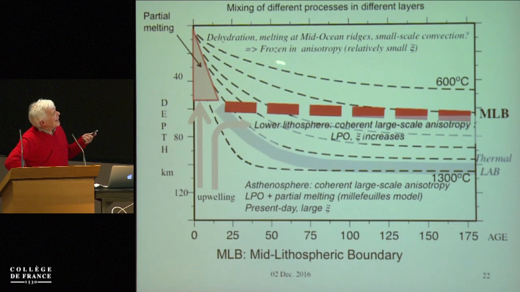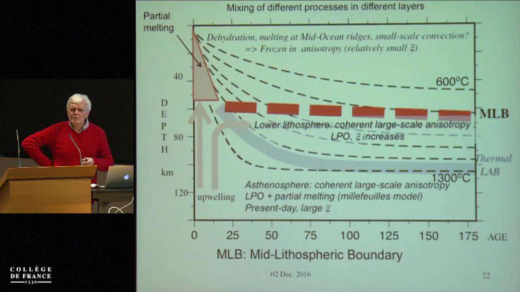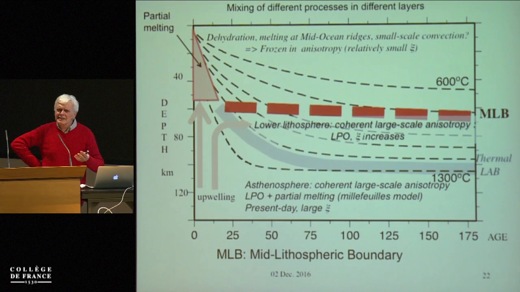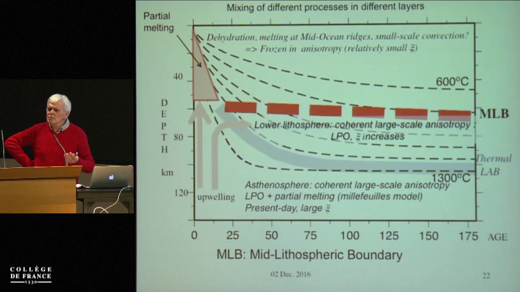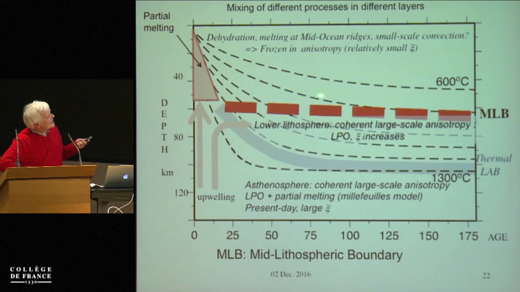To be honest, I don't know which one must be preferred, but in any way, it does not mean that we have no radial anisotropy, but only that it is smaller than below. And since we have access only to very large scale anisotropy, of course, we don't see a strong radial anisotropy in the upper 60-80 kilometers.